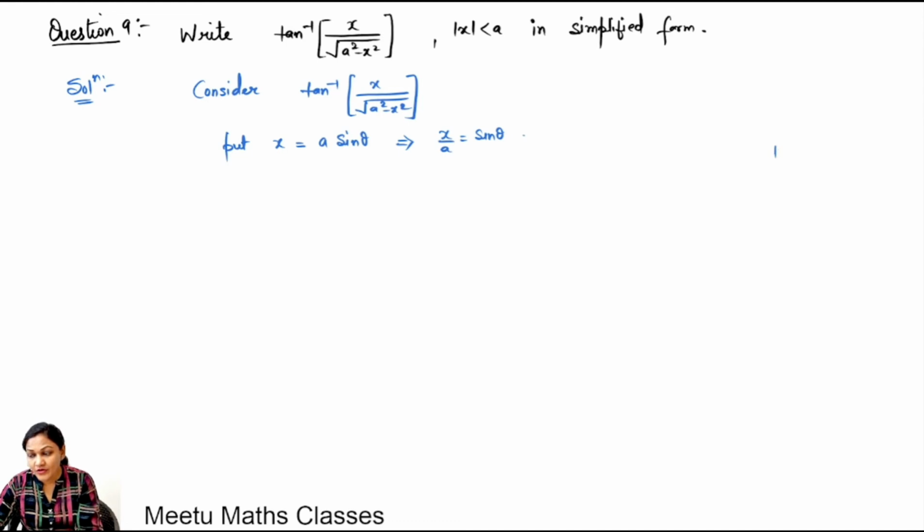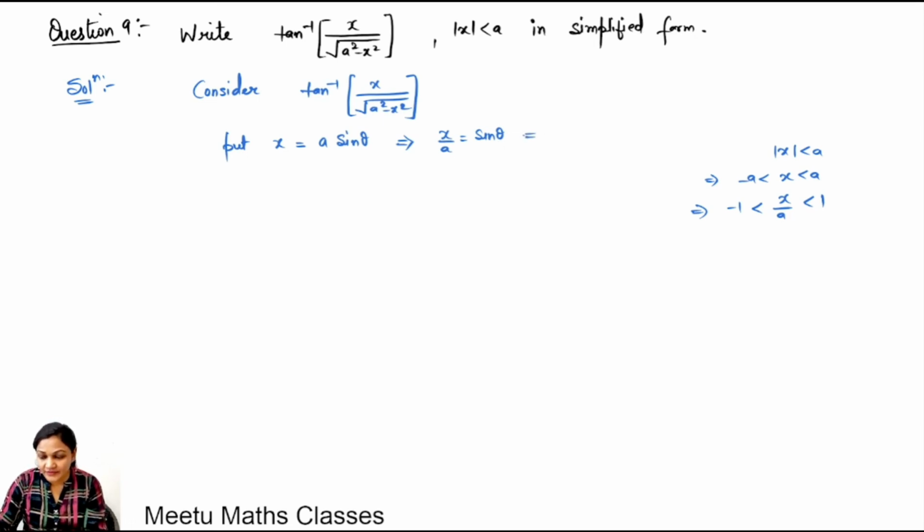Since modulus x is less than a, x is lying between minus a to a, and x by a will lie between minus 1 and 1. So hence it is invertible. We can write theta as sin inverse of x by a.